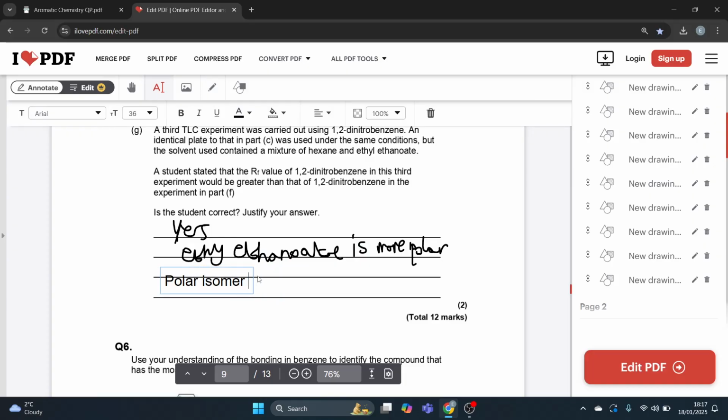Polar isomer is more attracted / stronger affinity to the solvent than before.